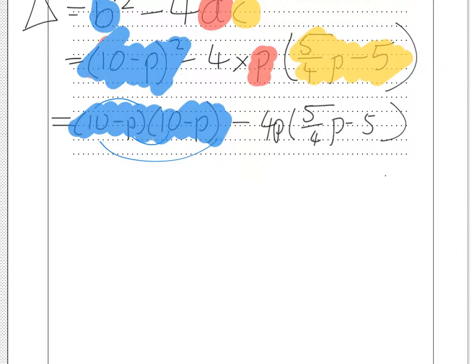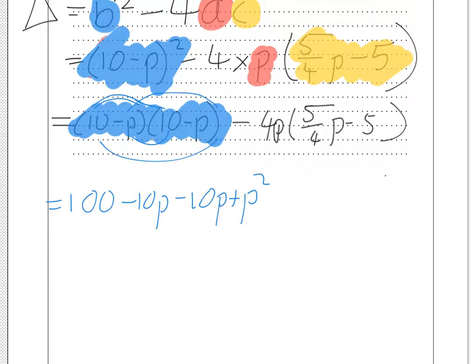Smiley face method, however you do it. So that you get 100 minus 10p minus 10p plus p squared, or 100 minus 20p plus p squared.